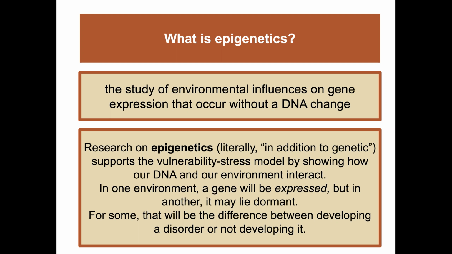A gene will be expressed, but in another, it may lie dormant. For some, that will be the difference between developing a disorder or not developing it, right? So even if you have that within your genetic background, if you aren't exposed to the particular environment that would elicit that, you may not develop that disorder.